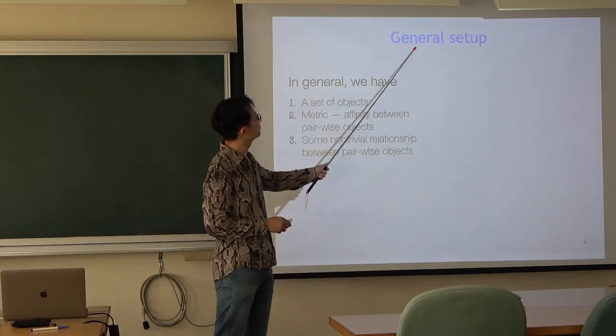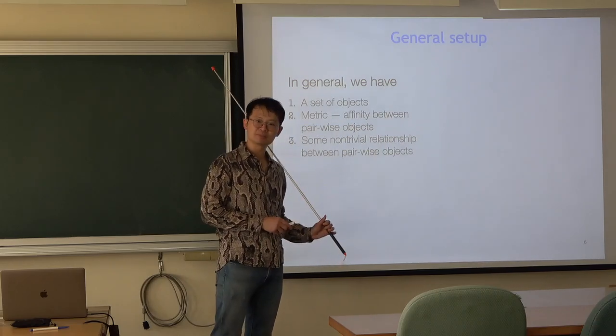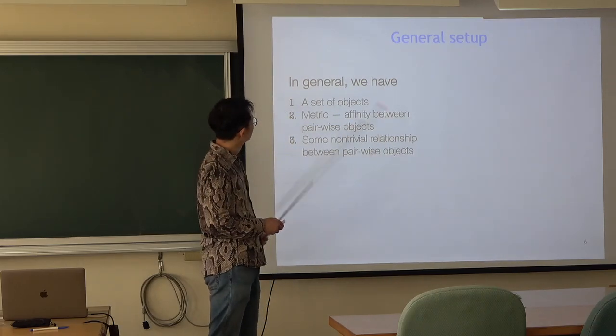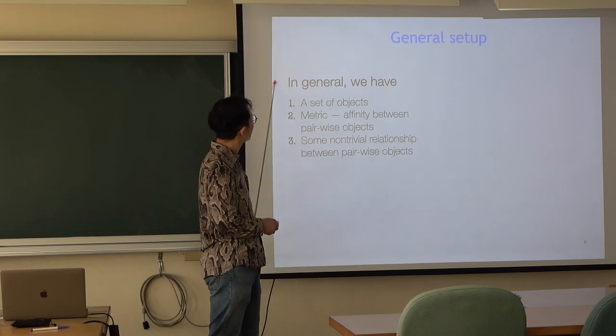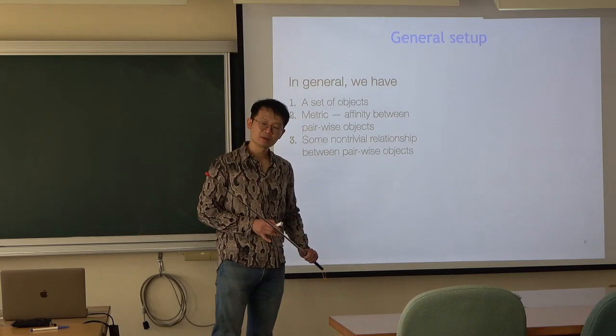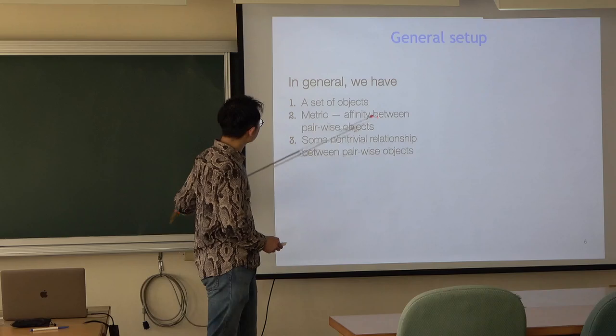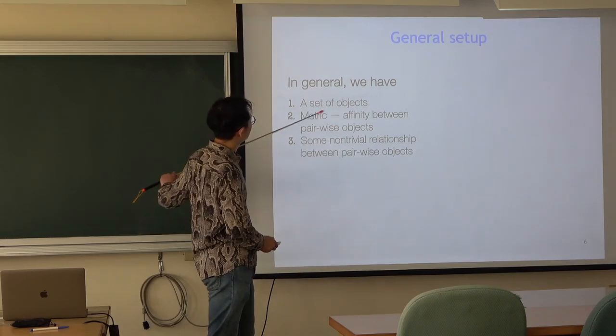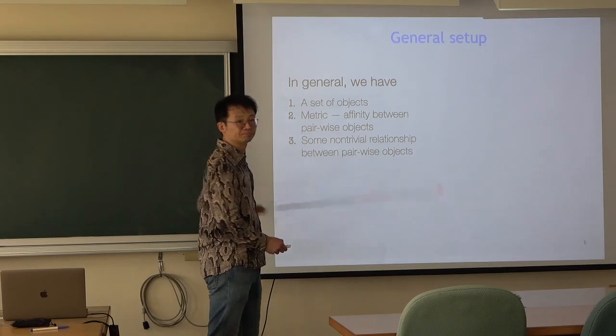So the general setup we have after this motivation is the following. In general, when we do high-dimensional data analysis, what do we usually have? We have a set of objects or data points.